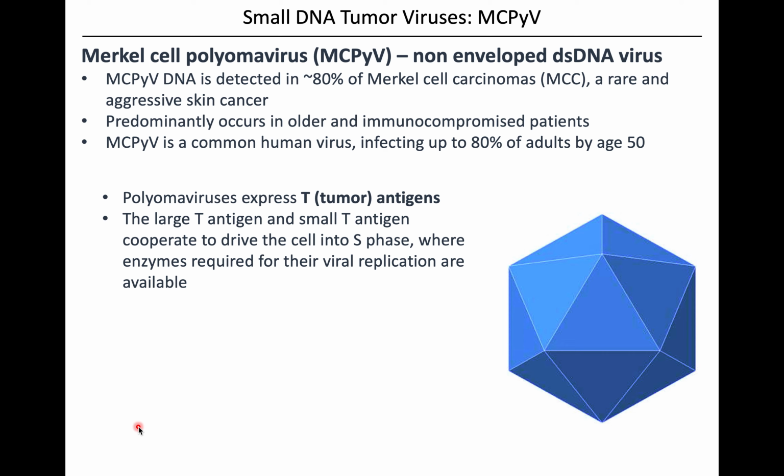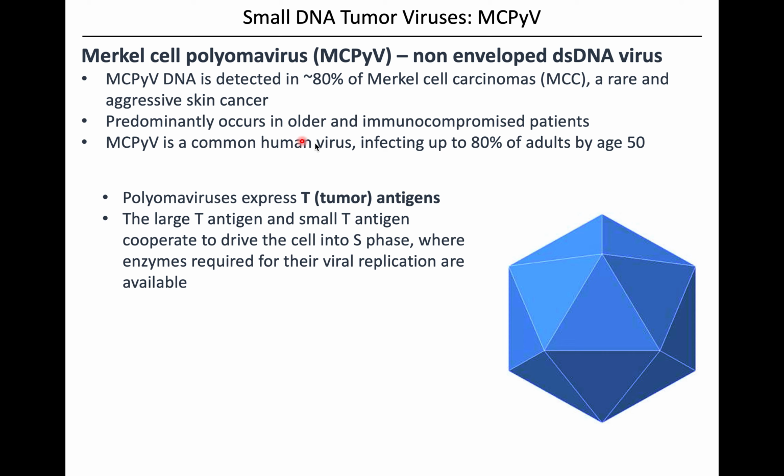The second small DNA tumor virus is this Merkel cell polyomavirus, which is actually a very common virus. About 80% of adults are believed to be infected by the time they are 50 years old. But it is linked to a rare and unfortunately aggressive skin cancer. Merkel cells are these epithelial cells that are linked with touch perception.